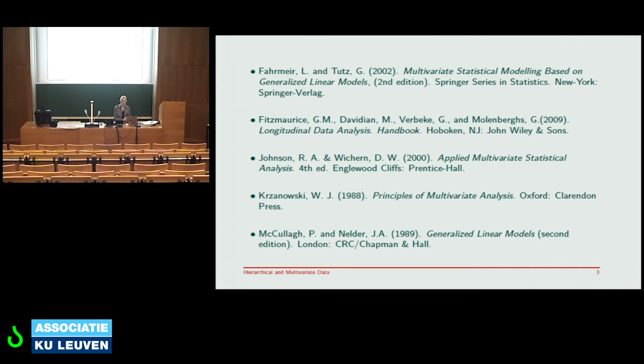And then Fahrmeir and Tutz is a bit of an encyclopedic, large collection of models and techniques for non-Gaussian data that are dependent, whether from a multivariate or from a repeated measures nature or from a clustered nature. For example, if you say the Bahadur model, the book will talk about it, but not at every possible length that you could have in mind.